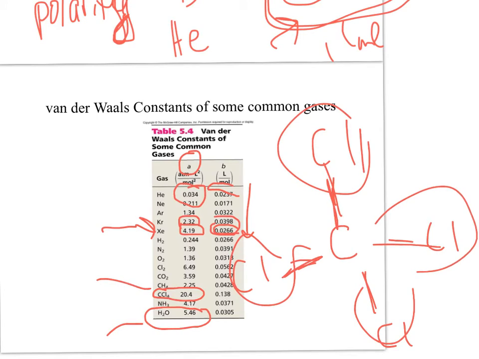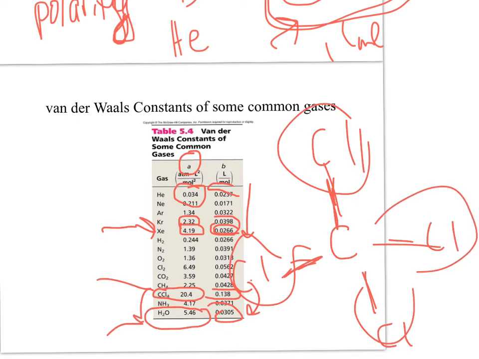And actually, when you look at the volume correction too, the volume correction is much bigger than that of water, which is definitely expected. So this trend in A bucks what I would consider a normal trend, and B follows the normal trend, right? So I would attempt to explain this through polarizability and say that even though CCl4 is nonpolar, because of its perfect tetrahedral geometry, it is extremely polarizable, making its A factor larger than water.